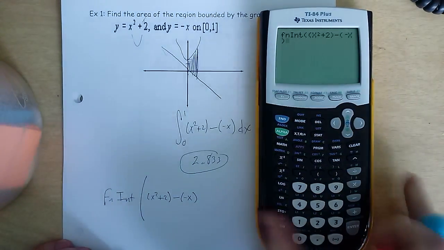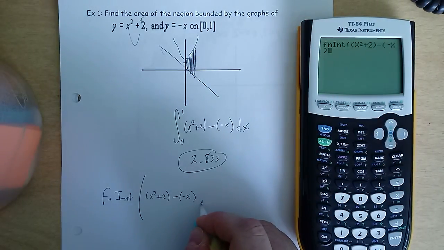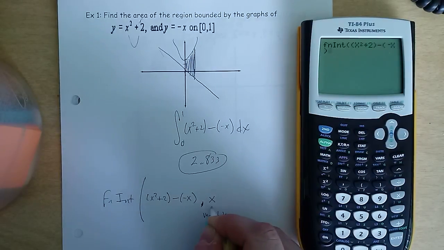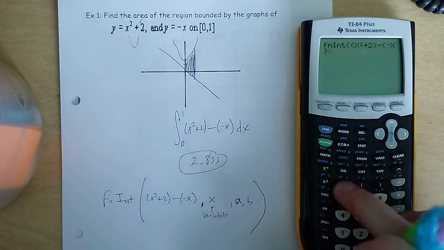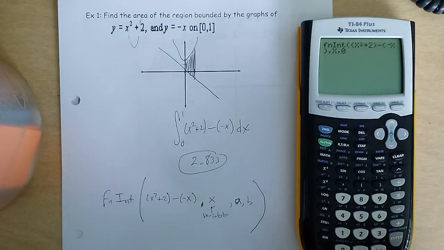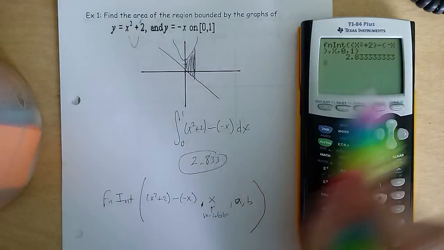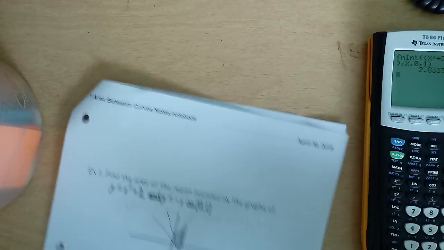This parenthesis is still open until the very end, so I don't want to close it off yet. I put a comma and my variable, x, then another comma and a, which is 0, then another comma and b, which is 1, and then I close my big parentheses. Now I get the exact same answer again. So, okay, let's keep going.